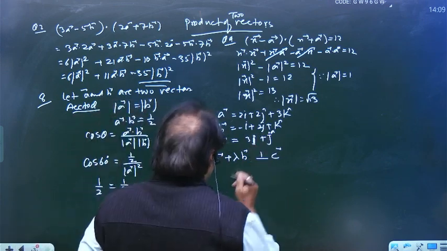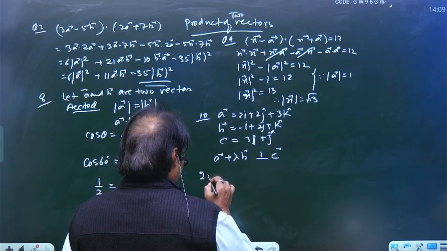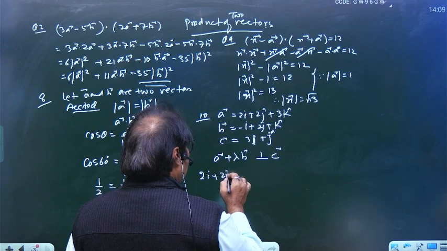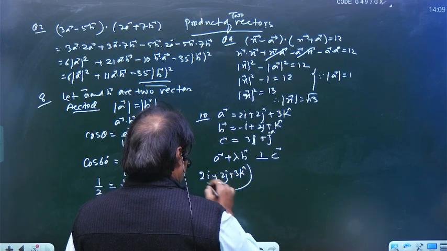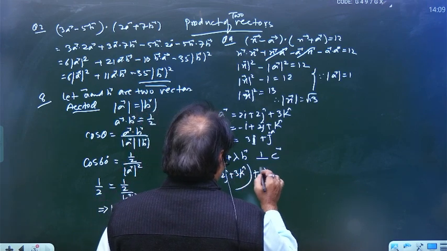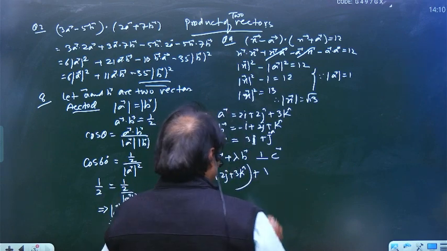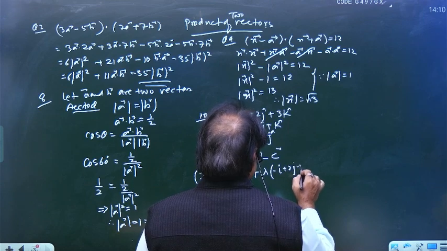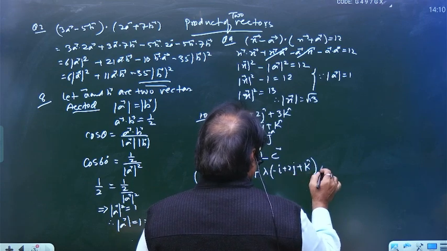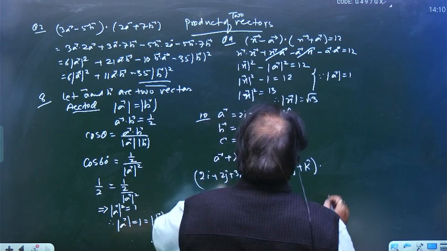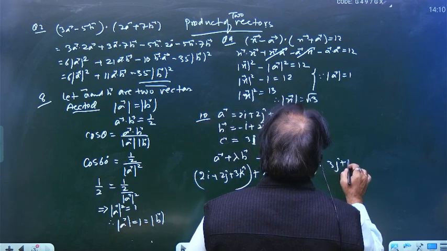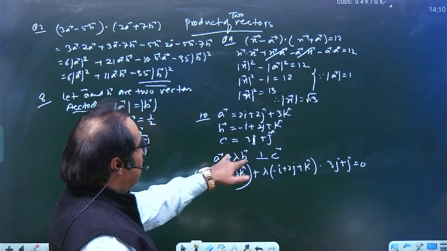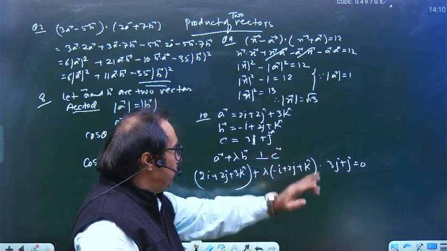So a plus lambda times b vector means 2i cap plus 2j cap plus 3k cap plus lambda times b vector, that is minus i cap plus 2j cap plus k cap, dot c vector, which is 3i cap plus j cap. The dot product should be equal to 0 because a plus lambda times b is perpendicular to c vector.